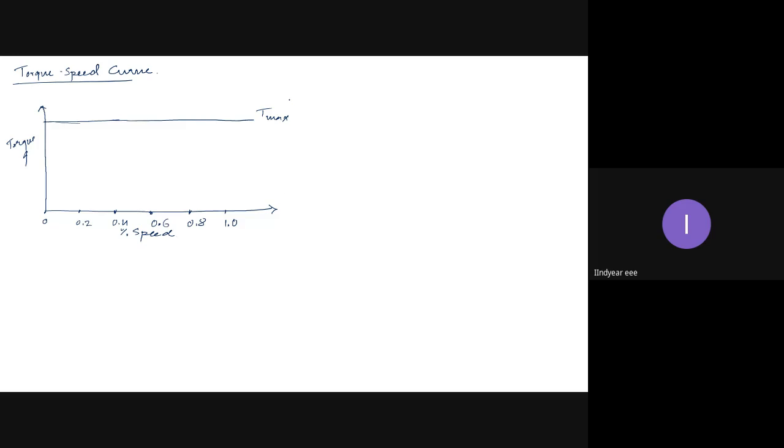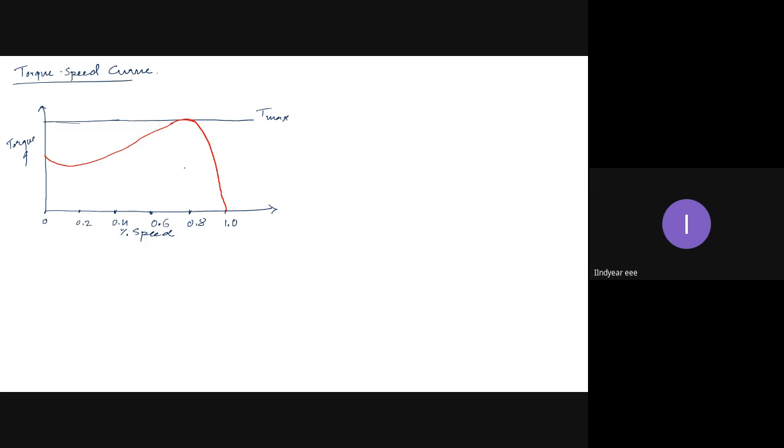Now, when the torque varies with respect to the speed or slip, it initially varies linearly, reaches the maximum value, then dips somewhat and rises again. So this is the torque speed characteristic.